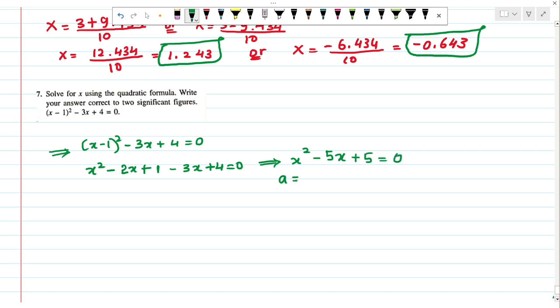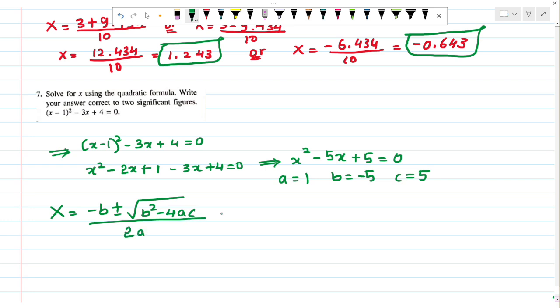So a value is 1, b value is minus 5 and c value is 5. So I'll write x is equal to minus b plus or minus root of b square minus 4ac divided by 2a. If I substitute the values, minus of minus 5 plus or minus root of b square, minus 5 square, minus 4 into a is 1 into c is 5, divided by 2 into a is 1.